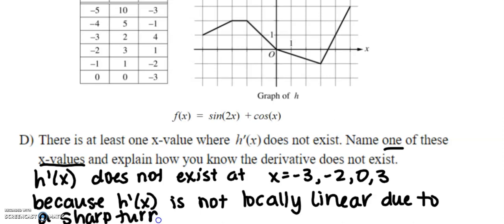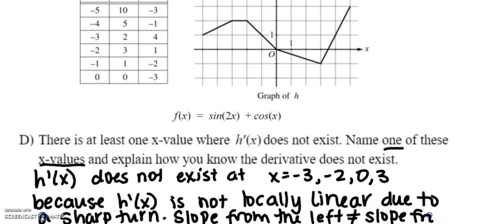Even more so, this would suffice, you could say that the slope from the left is not equal to the slope from the right. Right? We don't have a nice smooth curve. We have a sharp corner going on.